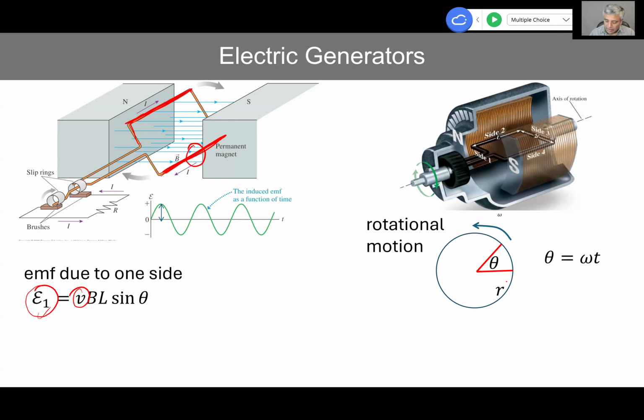So rather than moving with speed V, we can say it is spinning with angular speed omega. Just like V is displacement over a time interval, omega is angular displacement over a time interval. We learned this in physics 1, and now we are using that idea here.